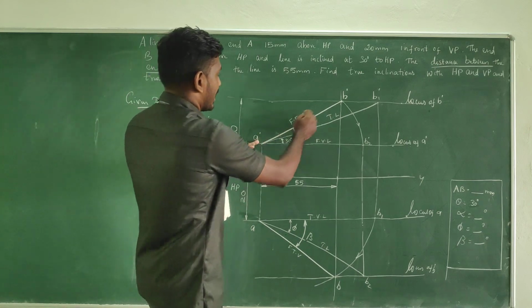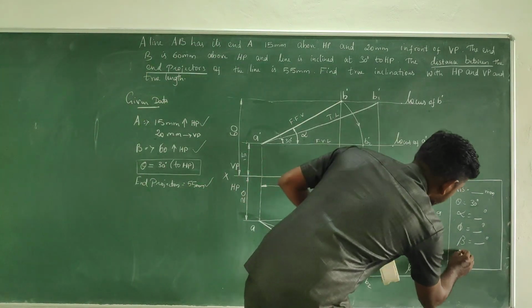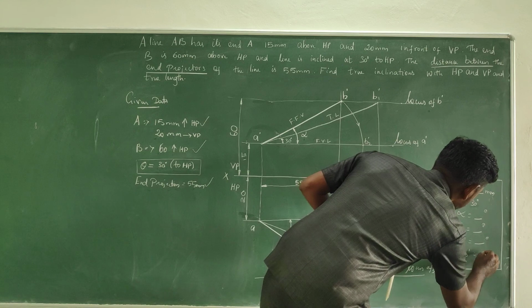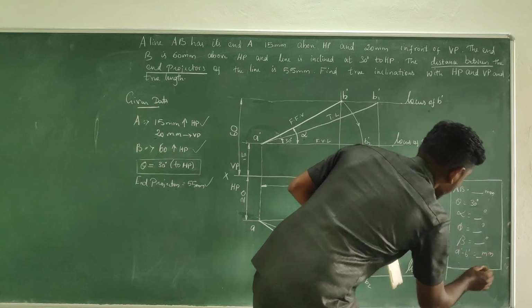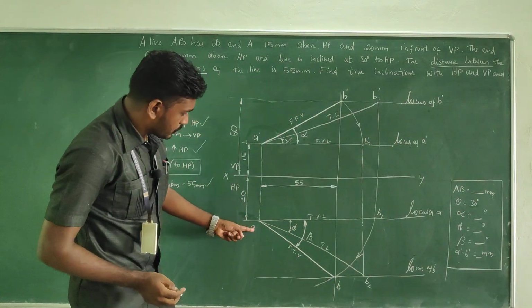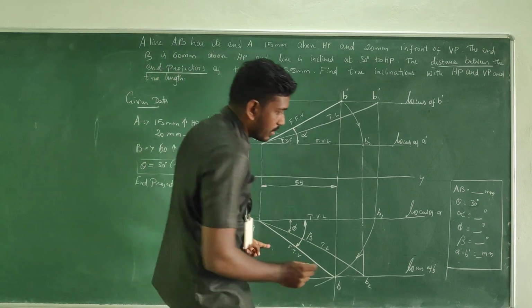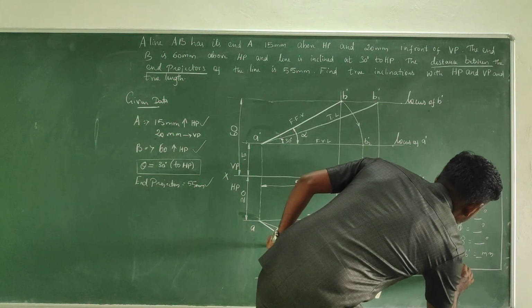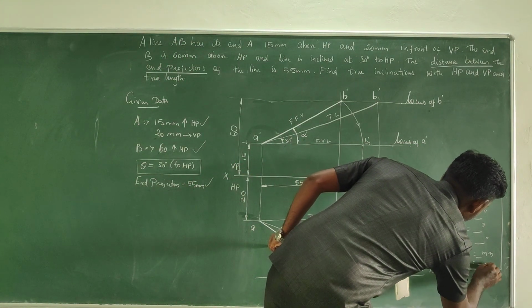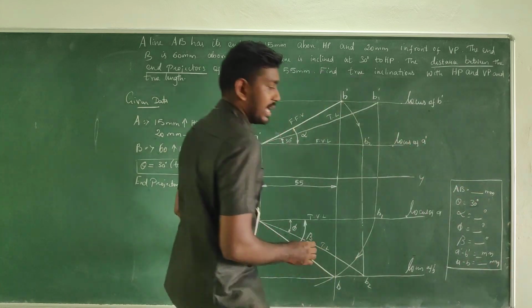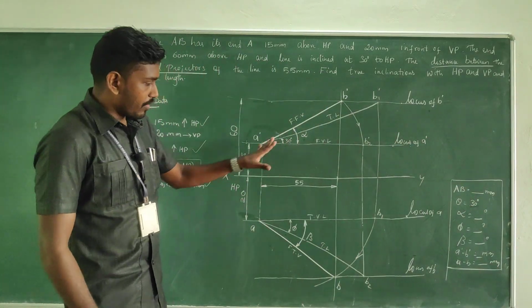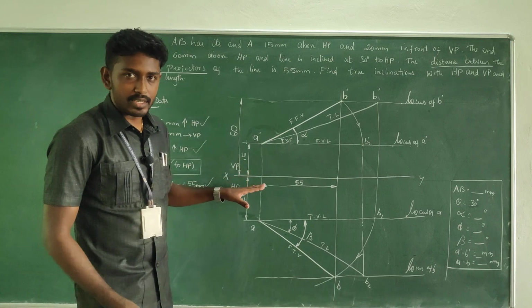Then the final front view length, A dash to B dash, you have to measure it and note it in mm. Next A to B, which is the final top view, take it in mm. Every work has been completed.